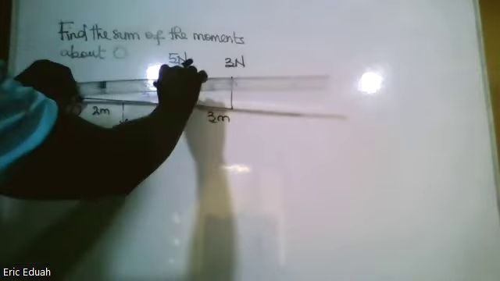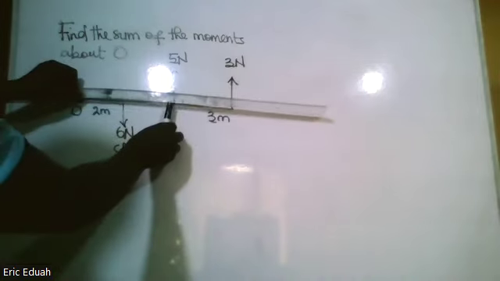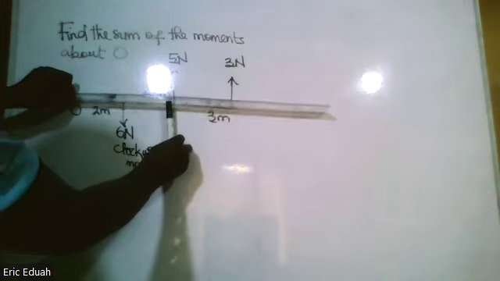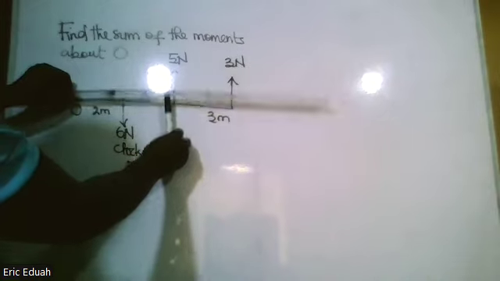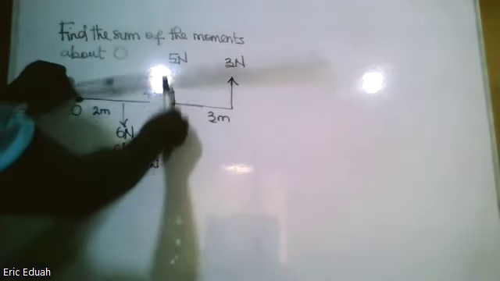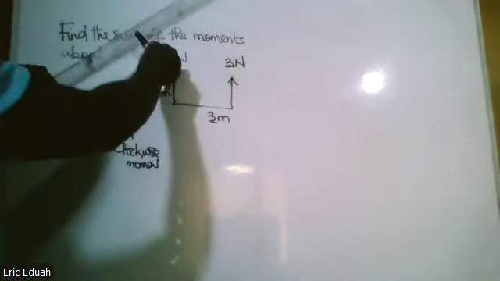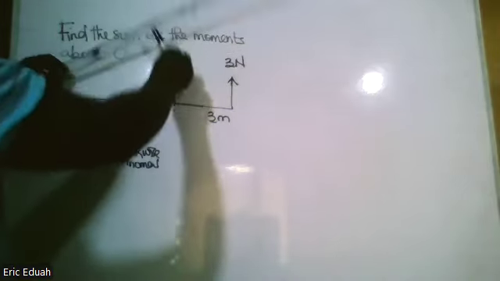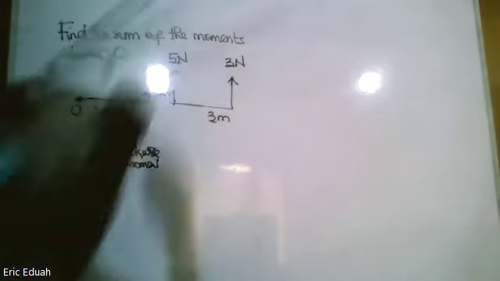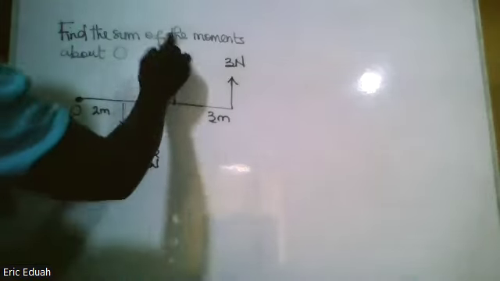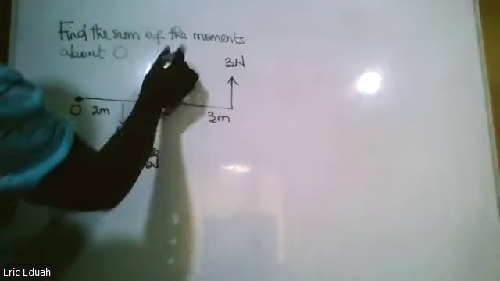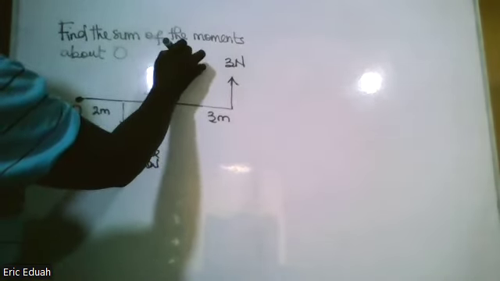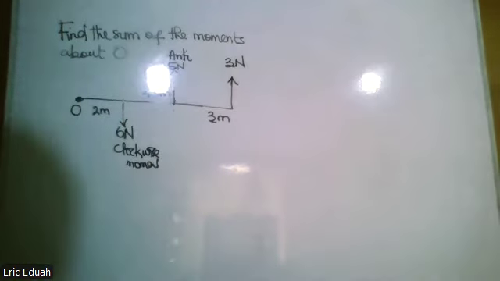Let's look at the 5 Newton. The force is going upward. If I push the bar in the direction of the force, will it be clockwise or anti-clockwise? This is anti-clockwise. So the 5 Newton force also gives us anti-clockwise.